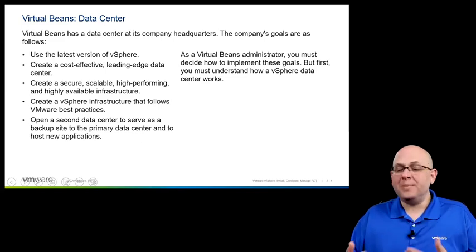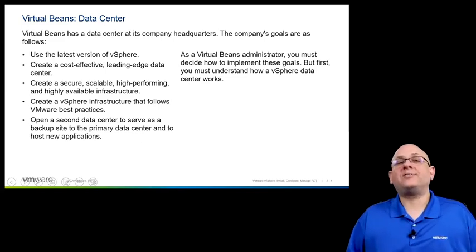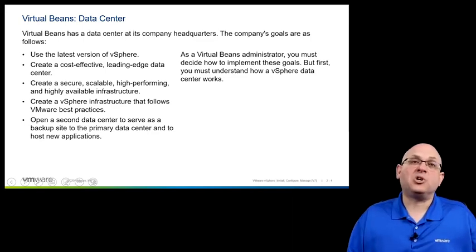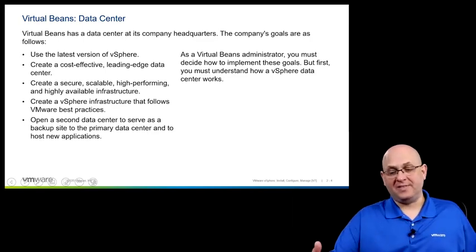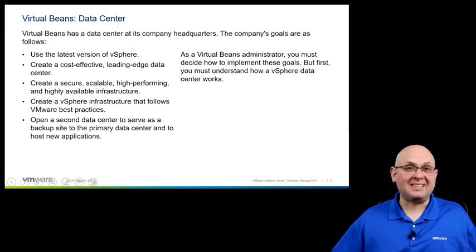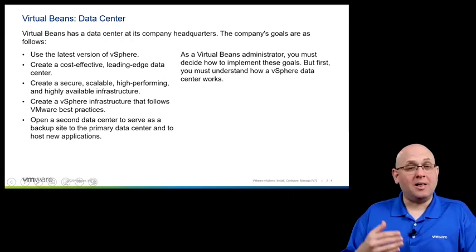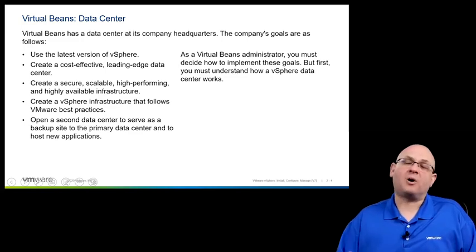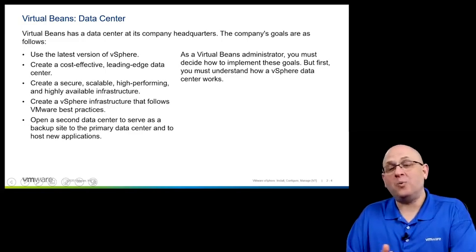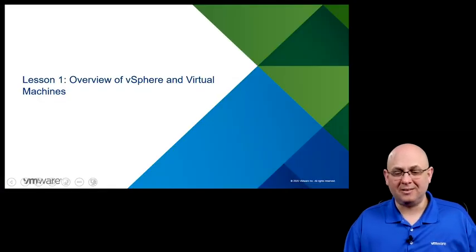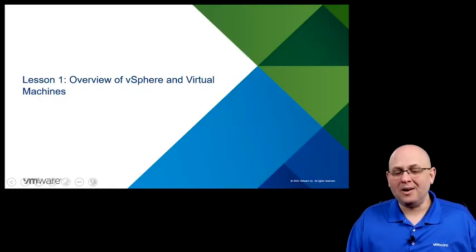So as an administrator and an architect, we have to decide how best to implement vSphere features in order to achieve these goals, right? I think that makes sense. So let's learn then all about those features and how they're architected and implemented so that we can continue to build our software-defined data center for virtual beings.